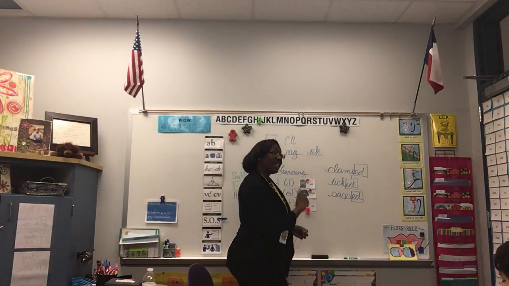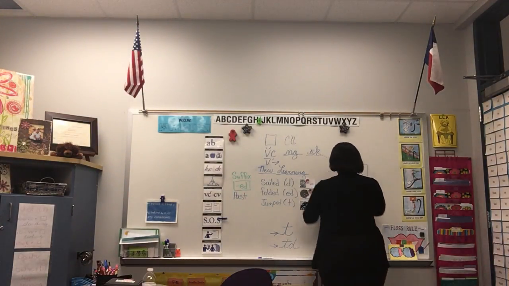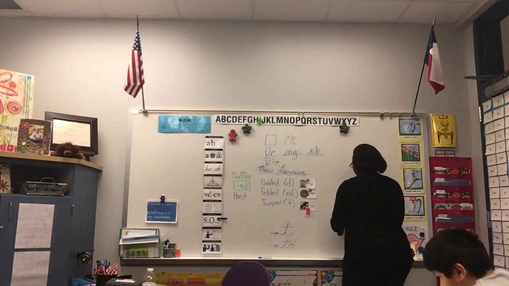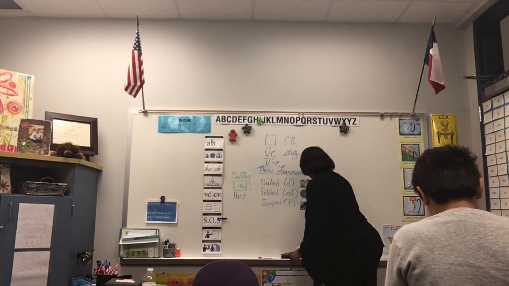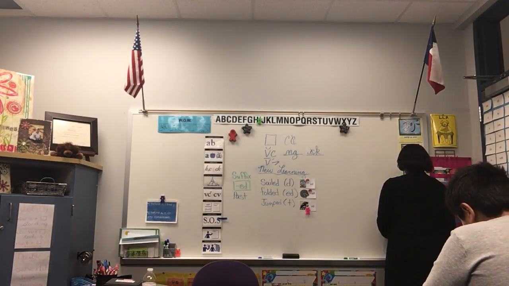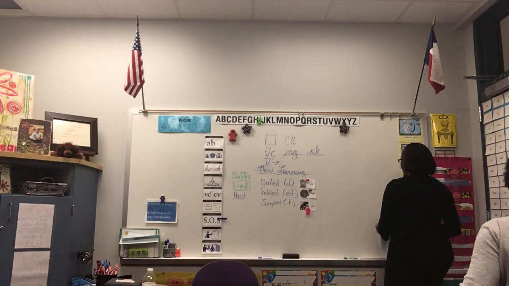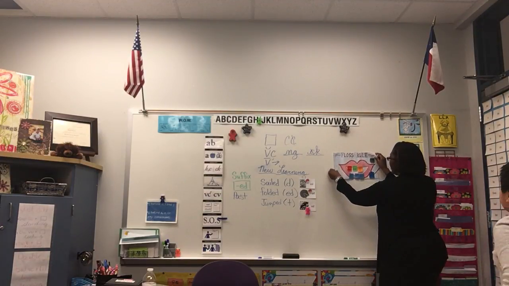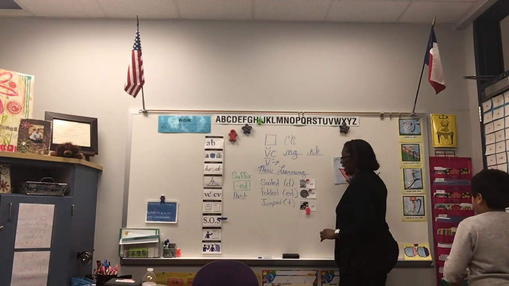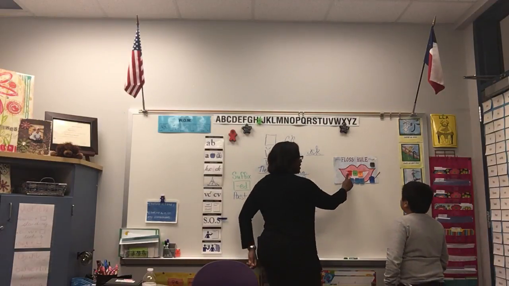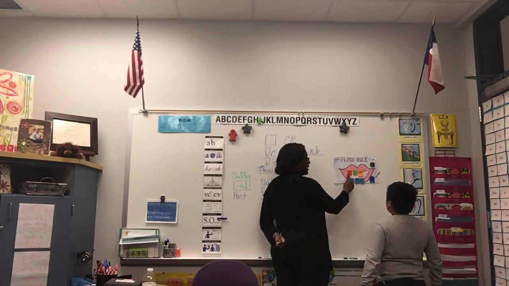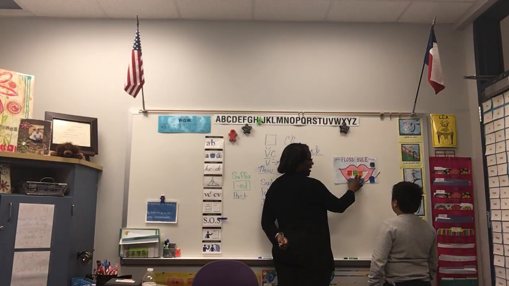So you're going to do spelling on the board today, but we're going to review what our spelling's going to be. And I know you remember the floss rule. We have to have a one-syllable base word with a short vowel sound.